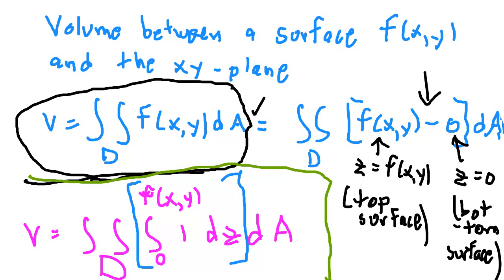So you get a z here, and then you put in the function of x and y and the 0, and you're going to wind up with this. So essentially, a triple integral can also be used to find the volume between a surface function and the xy plane.